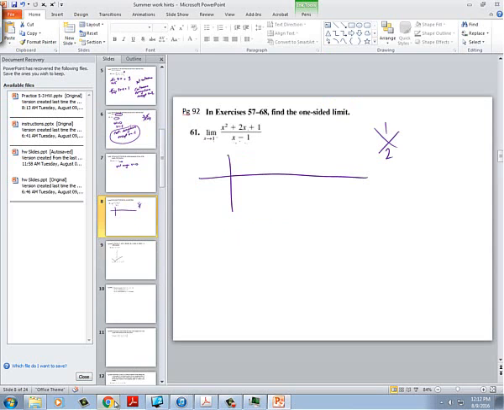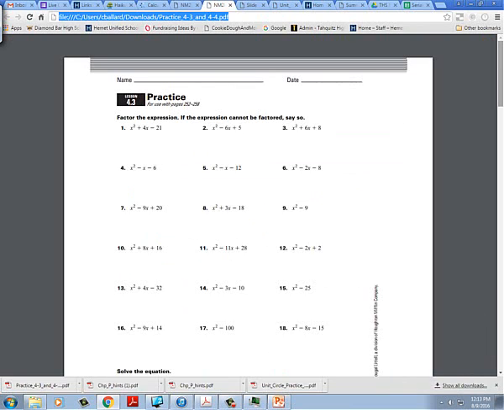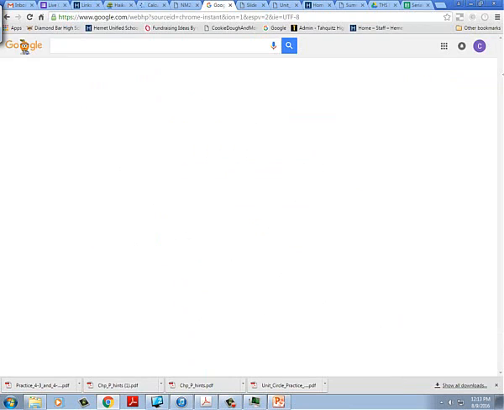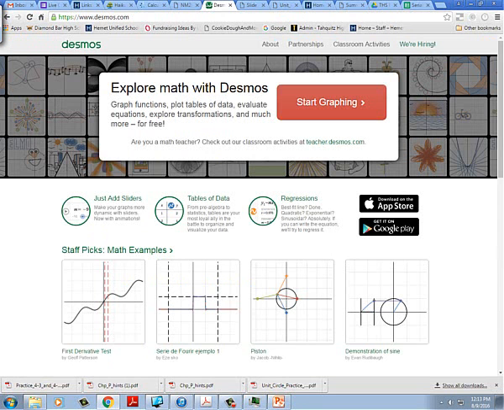So in your browser, type in Desmos. We'll see if we can get it graphed on Desmos and look at it that way. We would rather use our Inspires, but Mrs. Ballard hasn't set that up yet. This would at least get us a picture, and just hit start graphing.